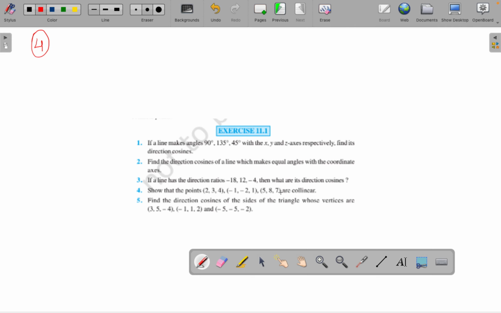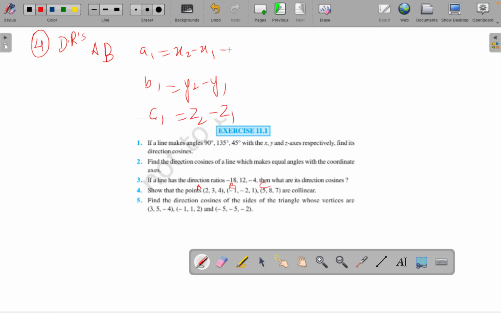Again, I had clearly explained the logic of collinearity to you, that the direction ratios have to be proportional. Suppose I take this as A, this as B, and this as C. Let's find out direction ratios of AB. So direction ratios of AB, that is A1, B1, C1, you again know the formula: x2 minus x1, y2 minus y1, and z2 minus z1.